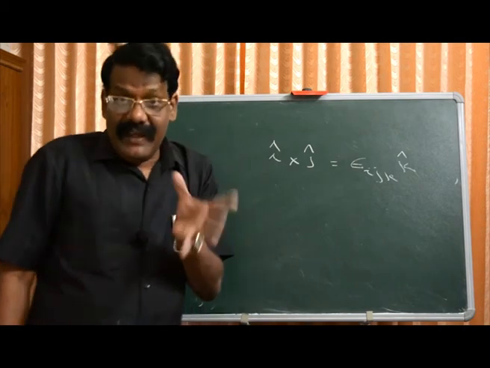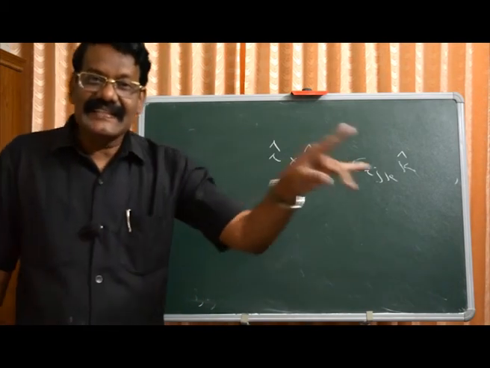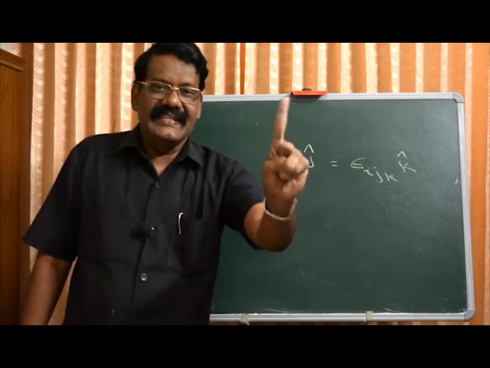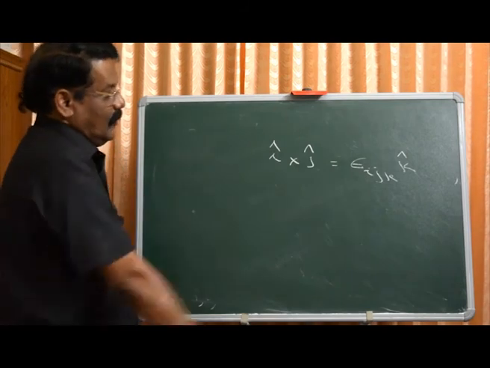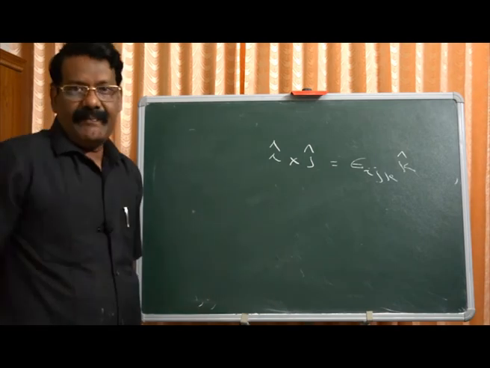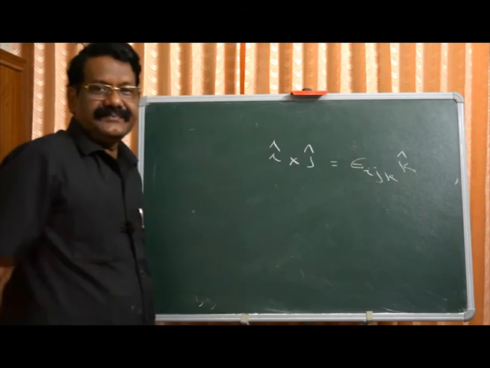Whenever a cross product in vector comes, in the tensor notation there is an inevitable member, epsilon ijk. Remember that. This is language transformation. i cross j is equal to epsilon ijk k.